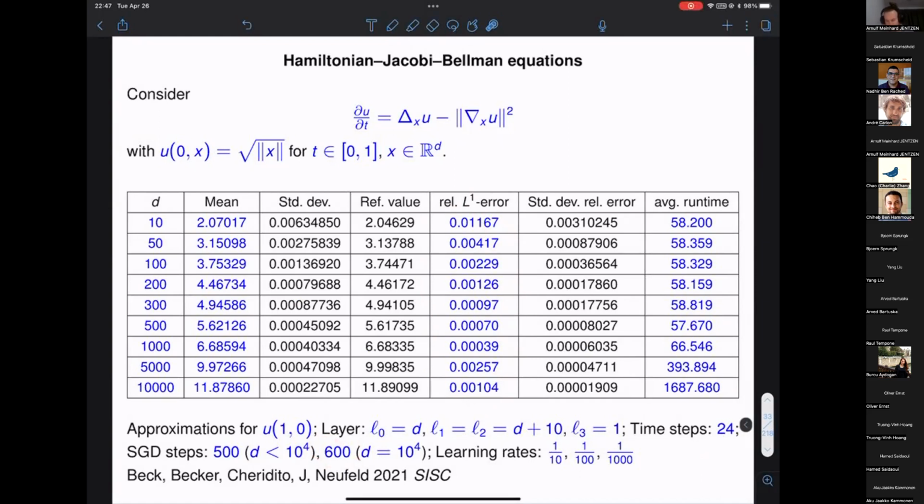I picked this example because it's a very good PDE, since it links to optimal control, and so I think it's very interesting. But I think there are other PDEs where you cannot observe such a situation in the numerical simulation, where it always gets more and more difficult in high dimensions. So this is the first comment I want to make.